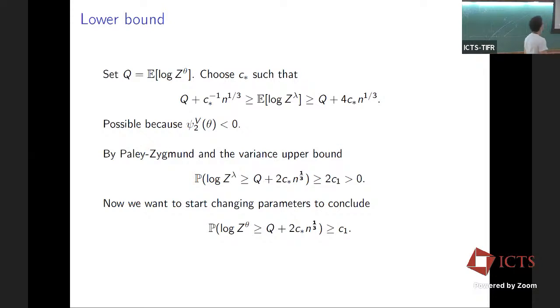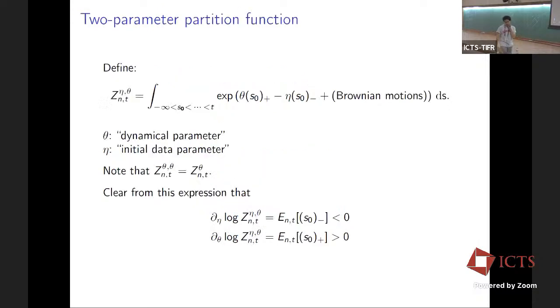And then by the Paley-Zygmund inequality, we see that log of z lambda, as opposed to log of z theta, can easily see deviations of this order from upper deviations above the expectation of log of z theta. And so now we want to change the parameters down from lambda to theta, and show that we only lose a 1/2 factor.